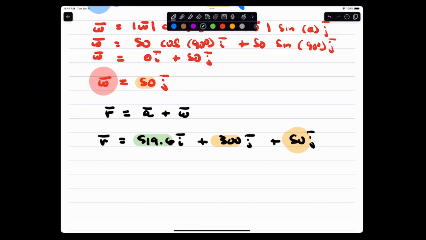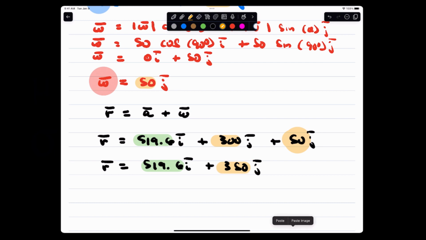What's that resultant vector going to be? And there you go. And that's what they're looking for.